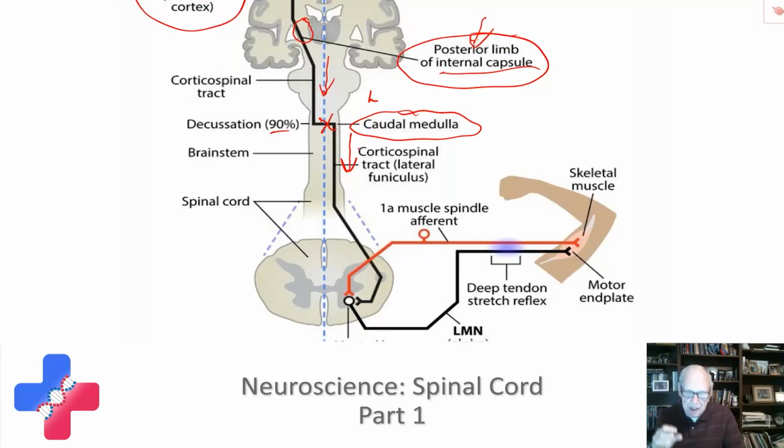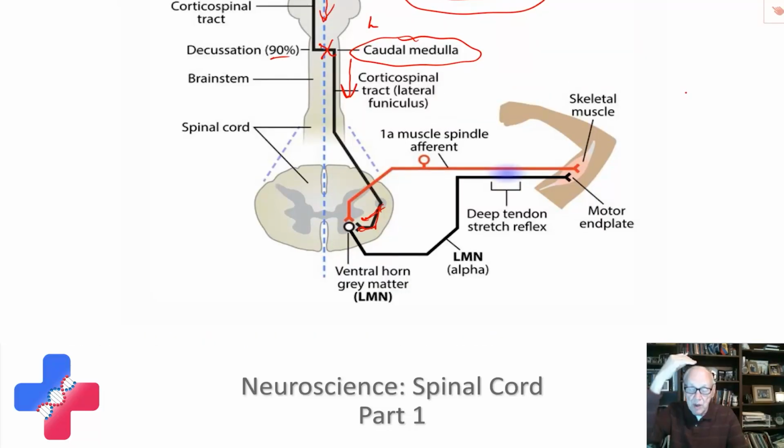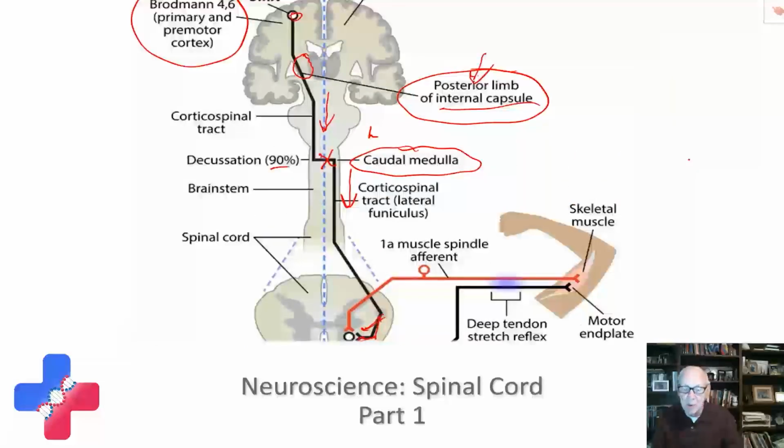In that descent, as illustrated by this blowout, within each of the 31 segments, some of these fibers peel off into the ventral horn and fire on the lower motor neurons. So the upper motor neuron is continuous from the cortex, uninterrupted, down to each of the 31 levels, where some of the fibers peel off and synapse within the ventral horn.